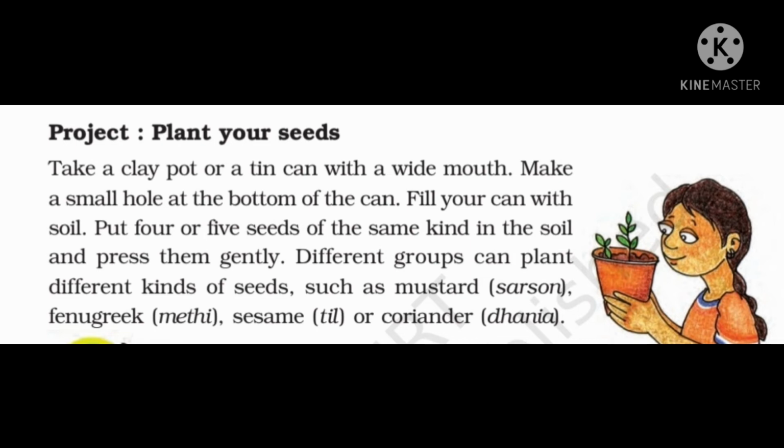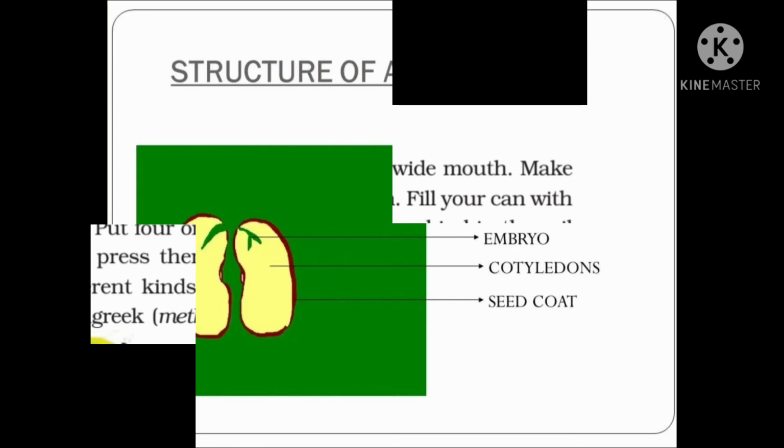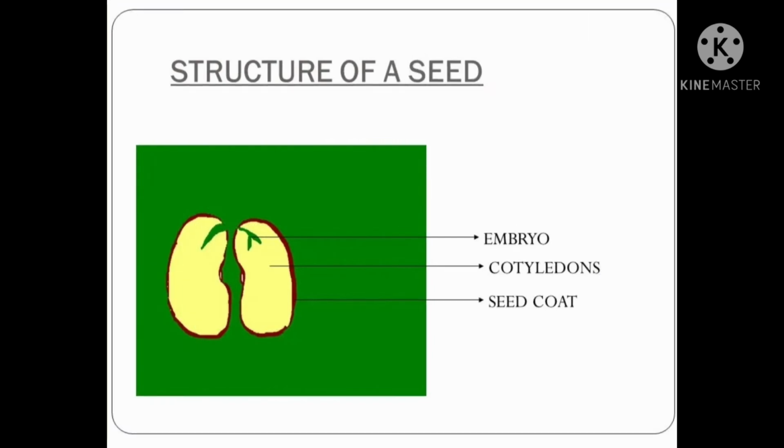That may be mustard, that is sarso, fenugreek, methi, sesame, til or coriander, that is your dhania. We choose these plants because the response will be quick.